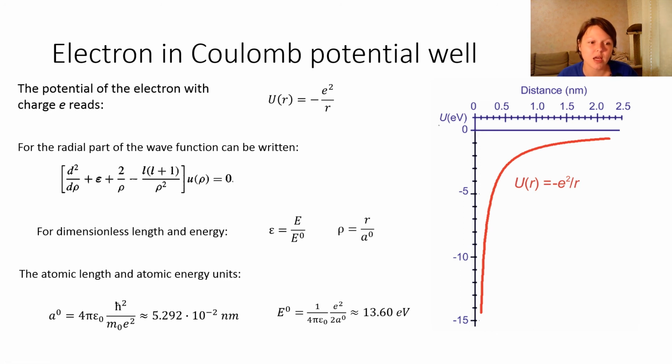What are they? These are units of length and energy that were calculated using this Coulomb potential and the expressions of the energy that were presented in the previous slides, namely for the case of the electron.